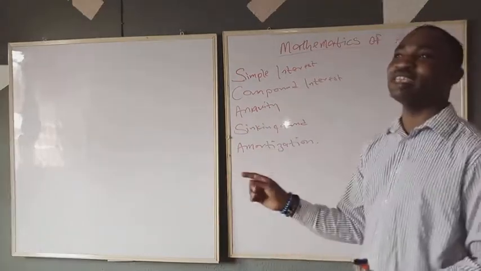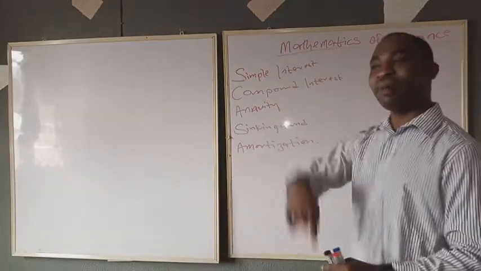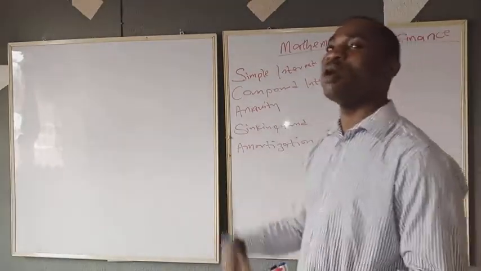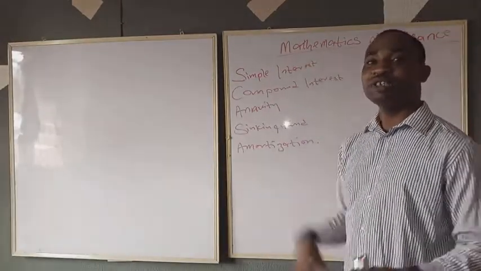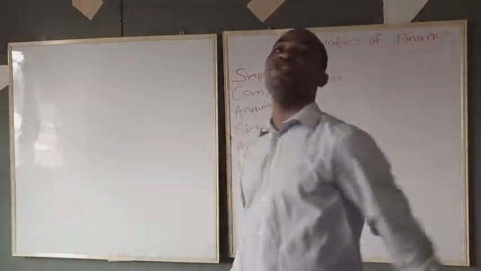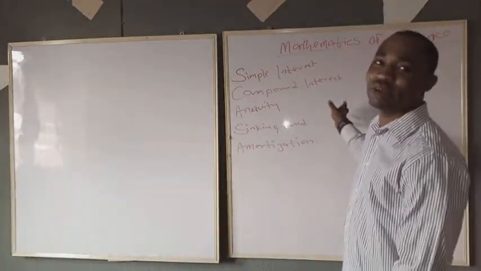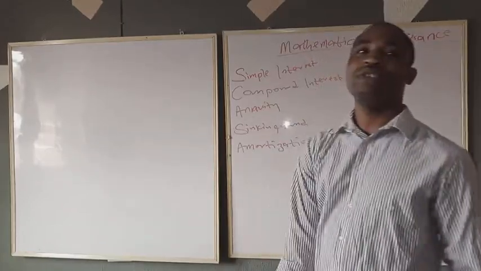So you get the interest they are paying, and you can now calculate how much you can be paying every year, or every month, or every 3 months, or every six months, to meet up with that particular amount that you need in the future. All these are the tools that teach us how to make those decisions.